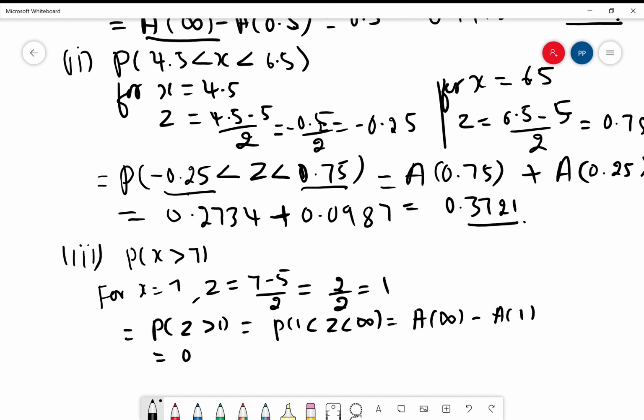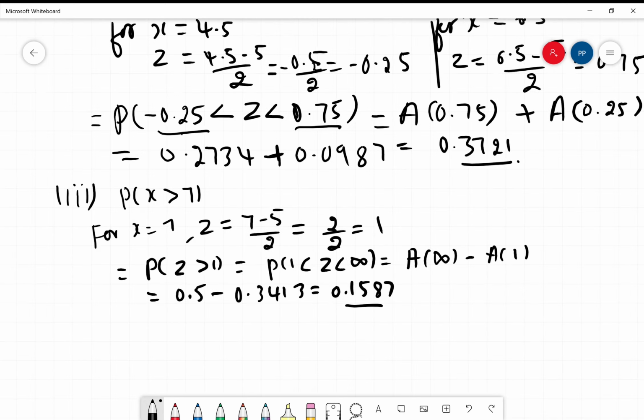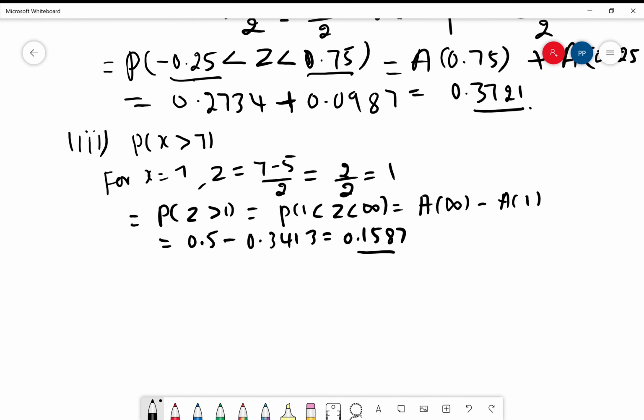A of infinity is 0.5, and A of 1.00 is 0.3413. This simplifies to 0.1587.